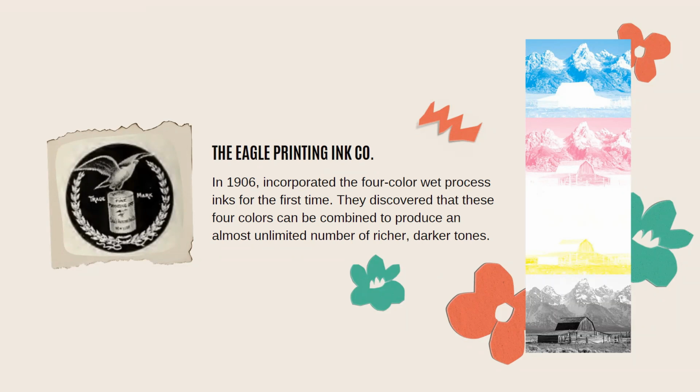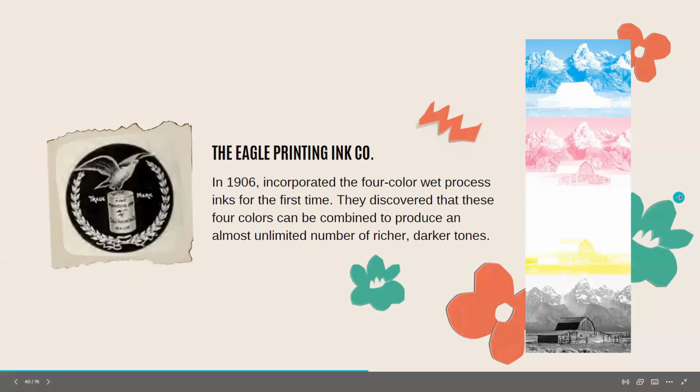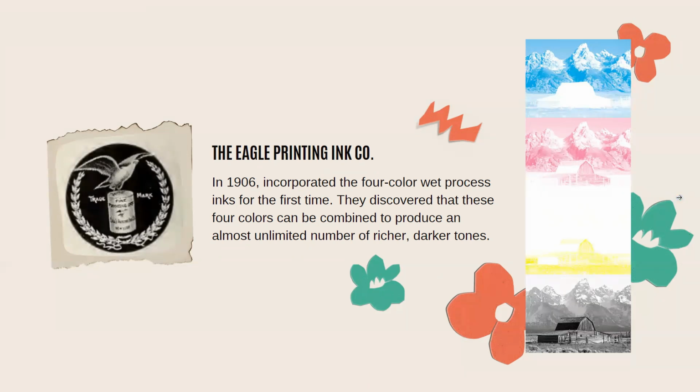Then, the Eagle Printing Ink Co. tried black, and it gives fine details for their prints. Kasi CMY, si cyan, si magenta and yellow can create deep colors like true black.